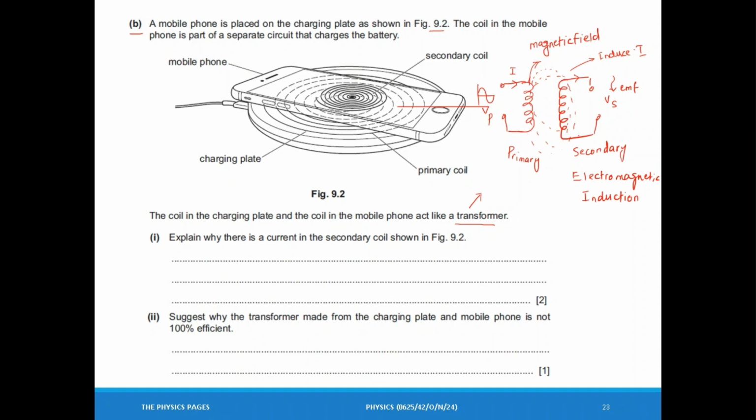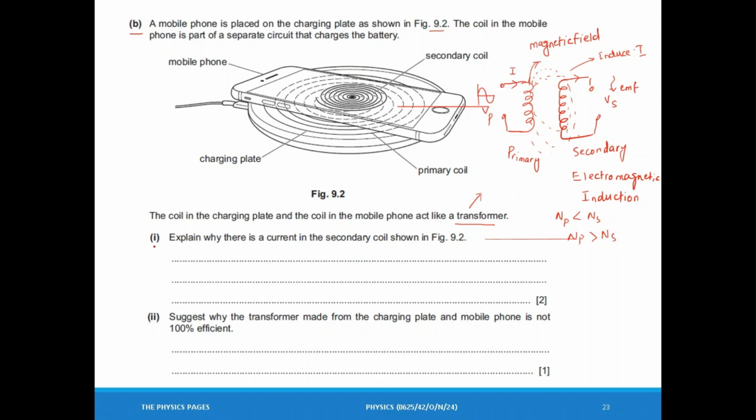And now, whether the number of turns is more or less determines if it will be step up or step down, depending upon the number of turns in the secondary coil. So if the number of turns in the primary coil is less than the number of turns in the secondary coil, it will be step up, and if the number of turns in the primary coil is more than in the secondary coil, it will be a step down transformer.